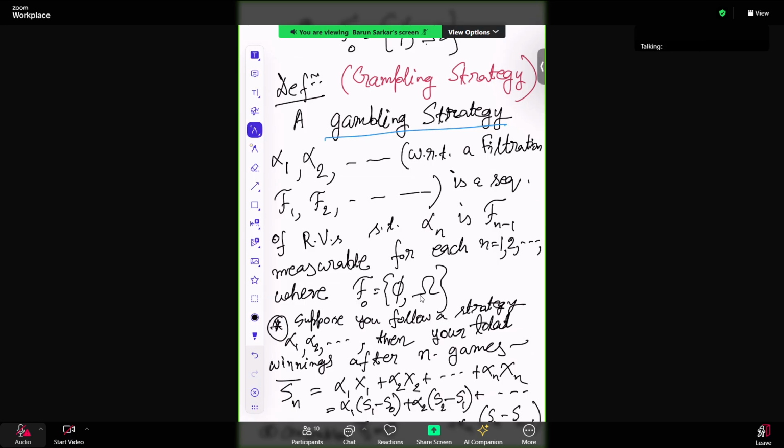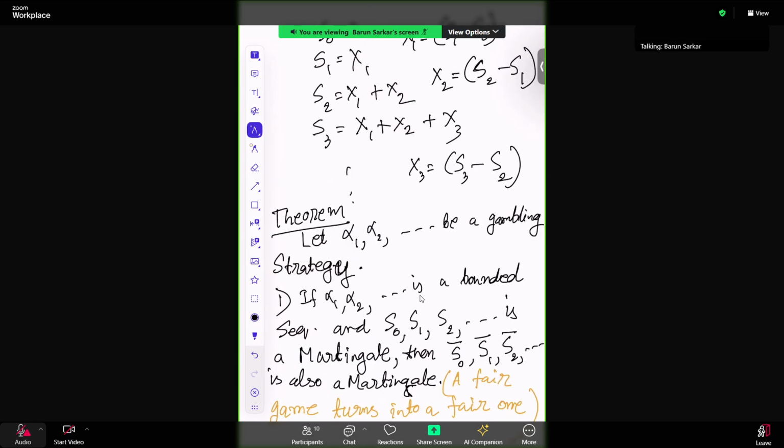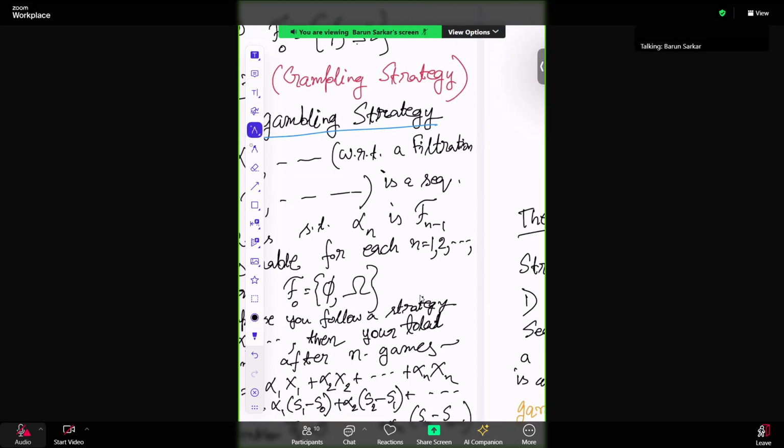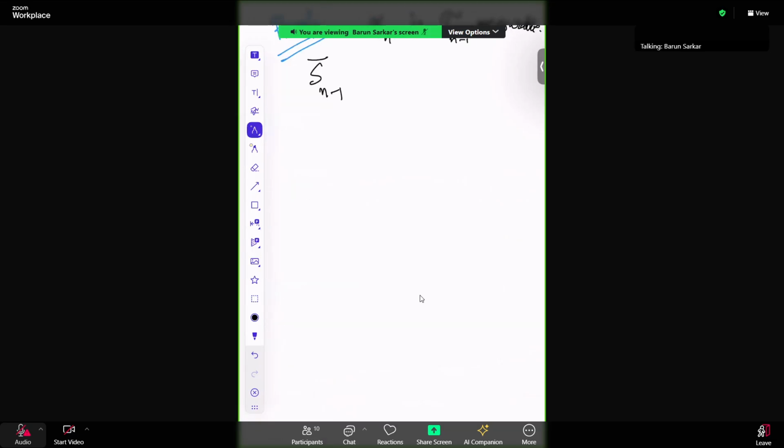That is what it says. Sn bar is Fn measurable. So in a sense, S n minus one bar is F n minus one measurable. Okay.